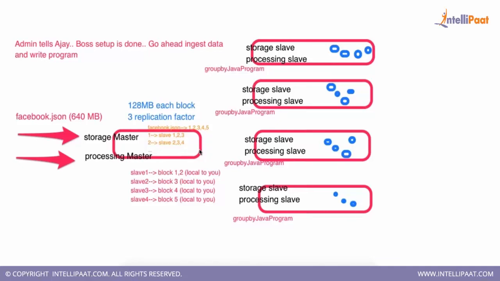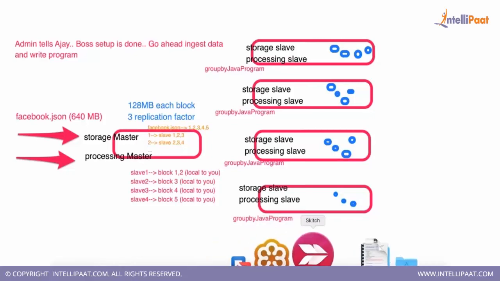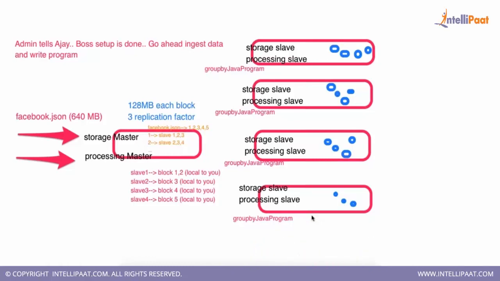And from the YARN perspective, the block has a replication factor of 3, that is understood. But how does the application manager determine the slaves from the processing side in YARN, my master?